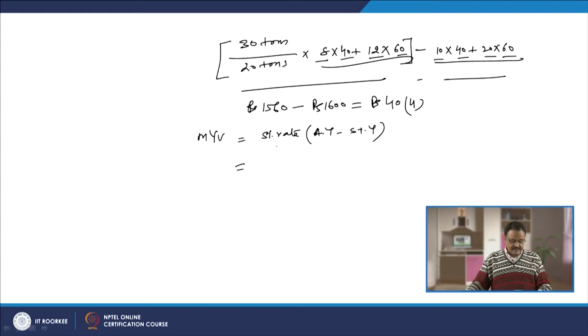For calculating the standard rate we will have to revise the standard, doing some adjustments or upscaling of the standards. Actual yield is given to us, that is 26.5.